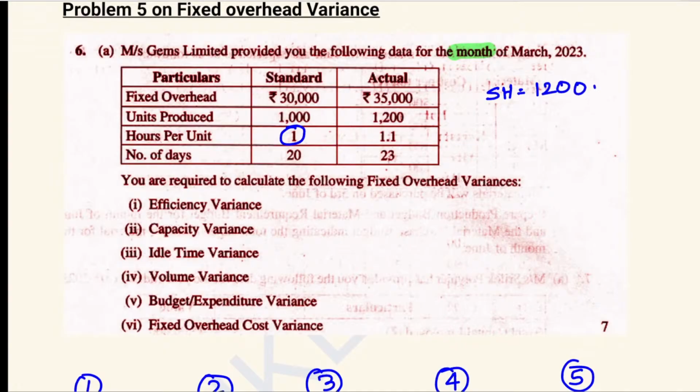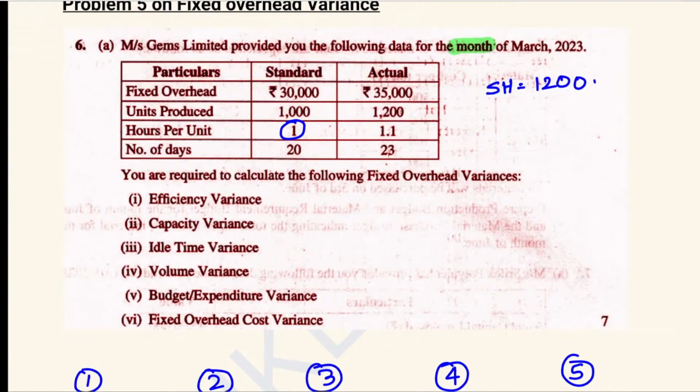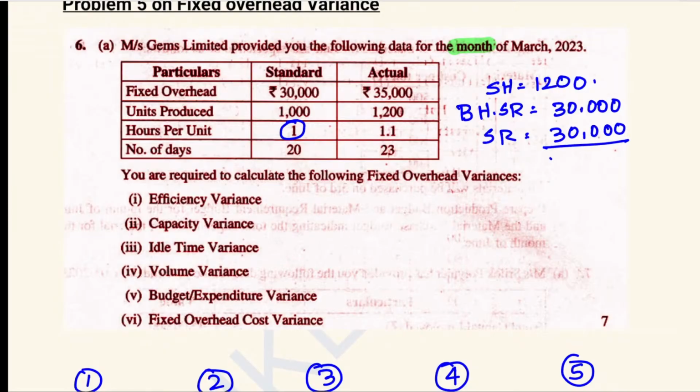And what is my standard rate? To calculate my standard rate, I know my BHSR. BHSR is equal to 30,000. So therefore SR is equal to 30,000 divided by budgeted hours. What is budgeted hour? No, standard hour is 1200.